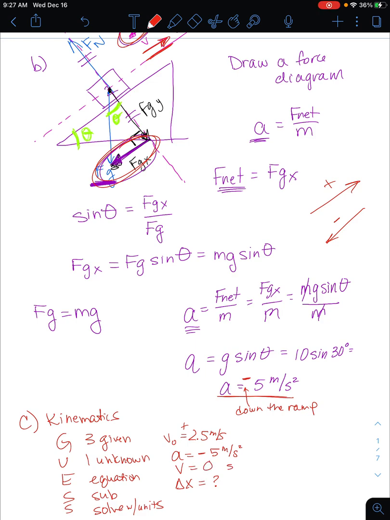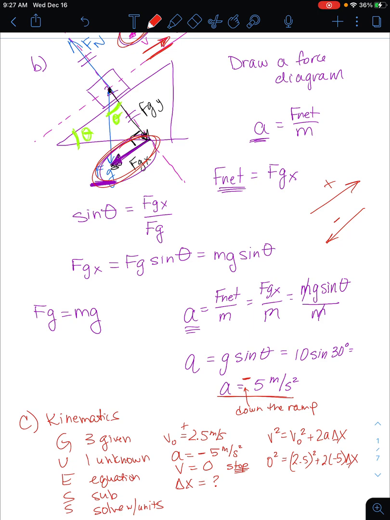So again, it's that stopping word that lets me know that my final velocity is 0. So this is going to be that equation without time, v squared equals v starting squared plus 2a delta x. And I can plug in 0 squared equals 2.5 squared plus 2 times negative 5 times delta x.